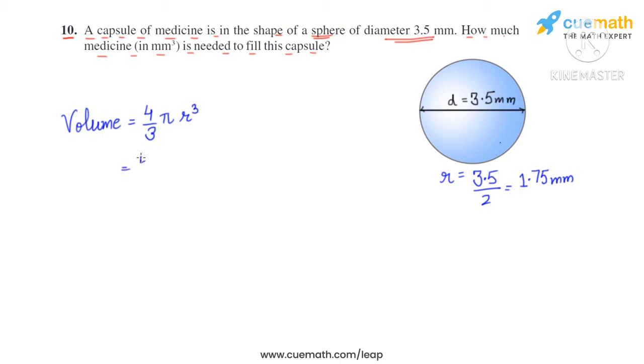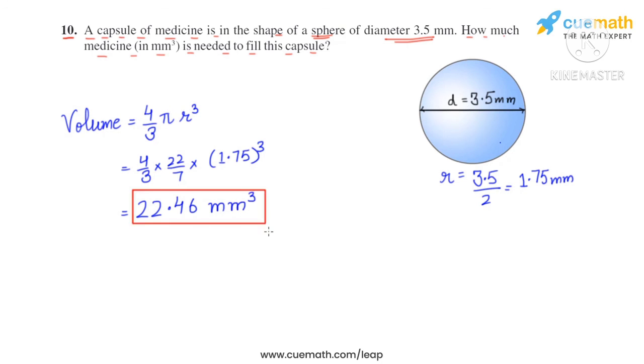It means 4 by 3 into 22 by 7 into 1.75 whole cube. When we simplify this, we'll get the answer 22.46 cubic millimeters. So it means 22.46 cubic millimeters of medicine is needed to fill that capsule.